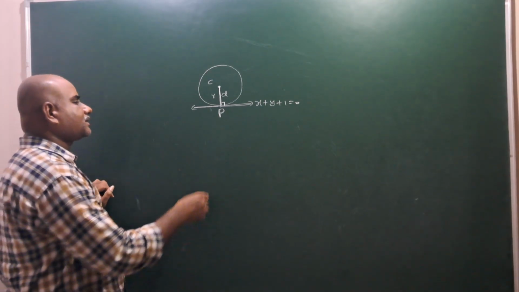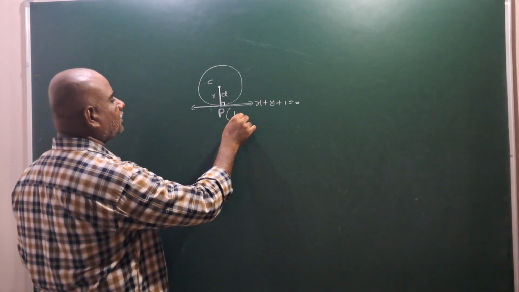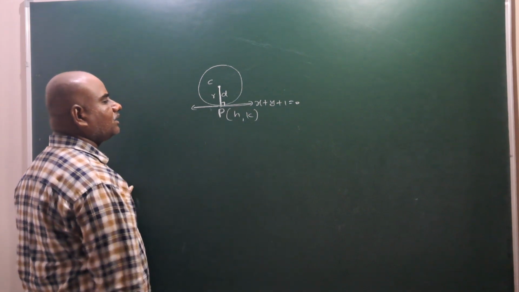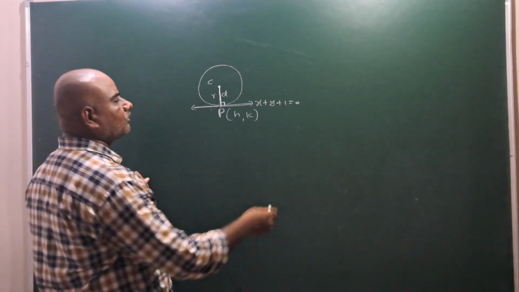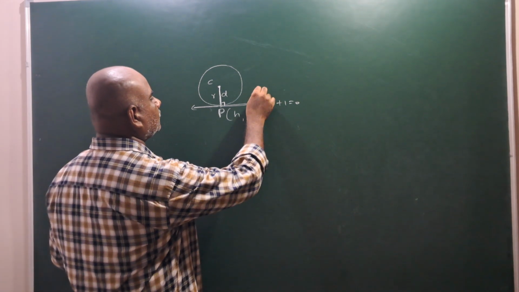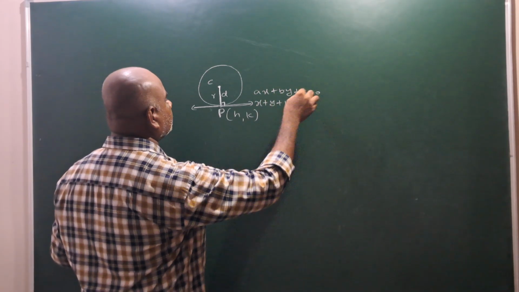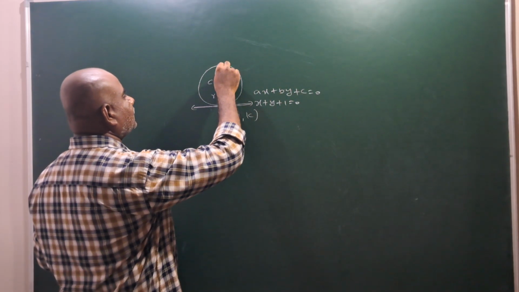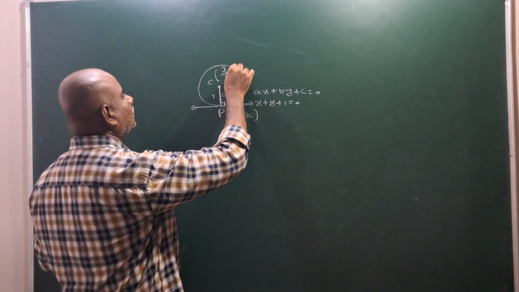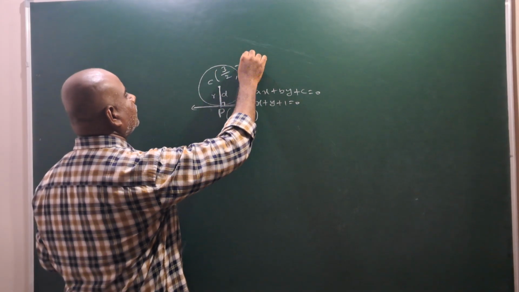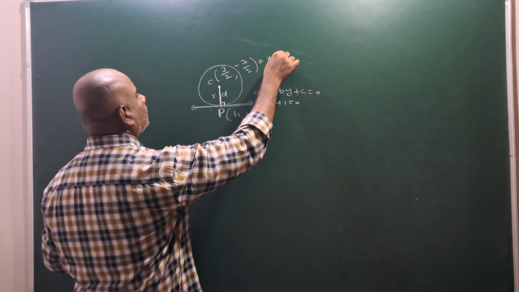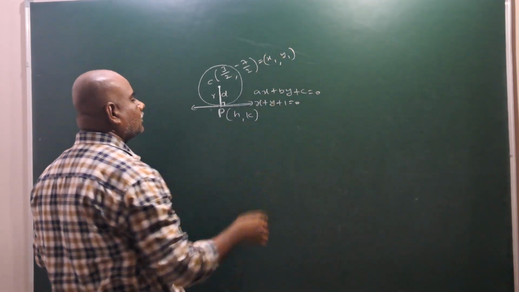Let us say the coordinates of the point of contact are h comma k. We have to compare this equation with ax plus by plus c is equal to 0, and the coordinates of center, 3 by 2 comma minus 7 by 2, are treated as x1, y1.